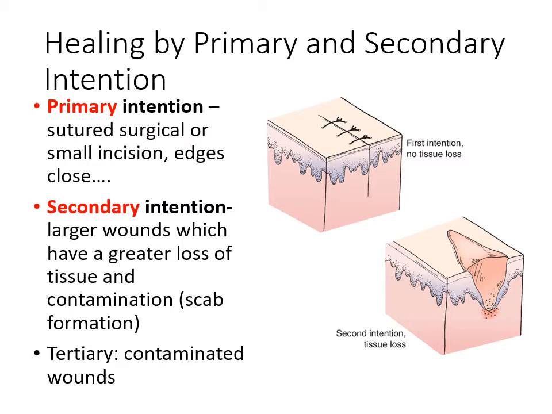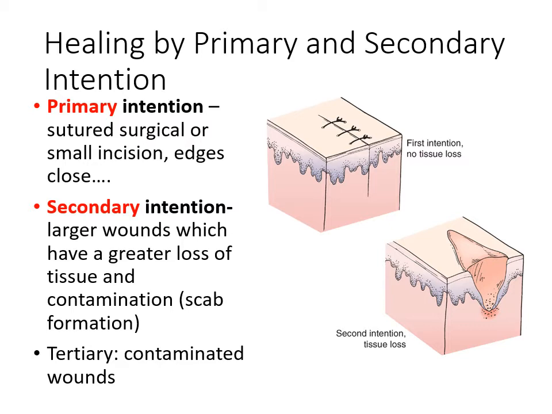Okay, that's primary intention. The wound has been cleaned out, and either surgically after an operation, or say someone's had a laceration, the wound is repaired with sutures and brought back together. So that's primary intention.